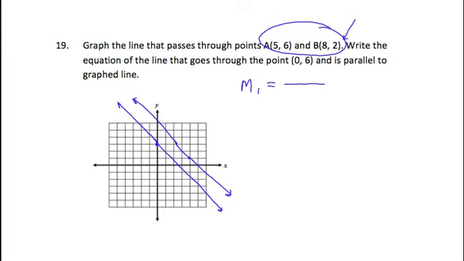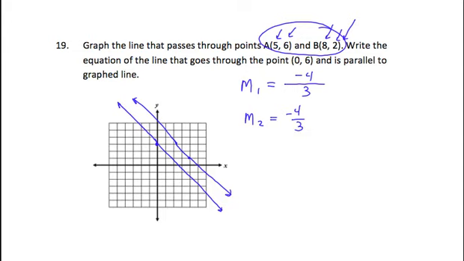So let's see, change in y, starting at 6, going to 2, that is a change of -4. Change in x, starting at 5, ending up at 8, that's a change of +3. So the slope of this original line is -4/3. That means the slope of my new line has to also be -4/3, since these lines are parallel.